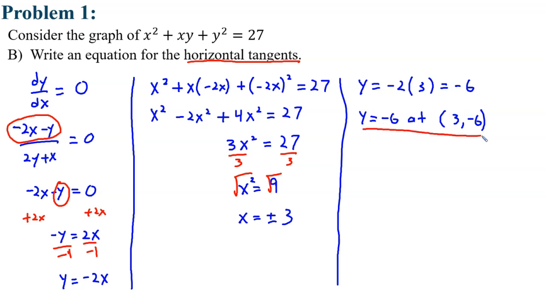Okay, so that'll be one of my answers, one of my horizontal tangents here. As far as what we're going to ask for, we can either ask for that equation or the point it happens at. All right, and we'll also have y equals negative 2 times the other x, the negative 3, which is equal to a positive 6. Okay, so our other horizontal tangent would be y equals 6 at the point negative 3, positive 6.